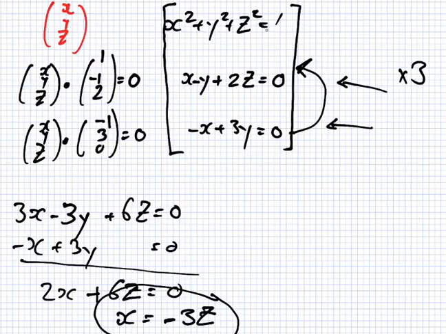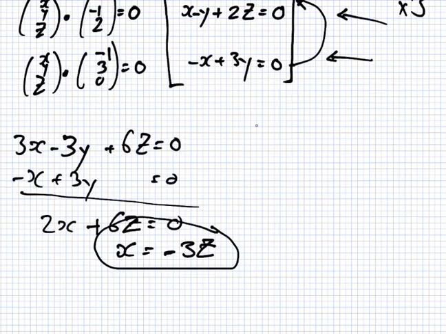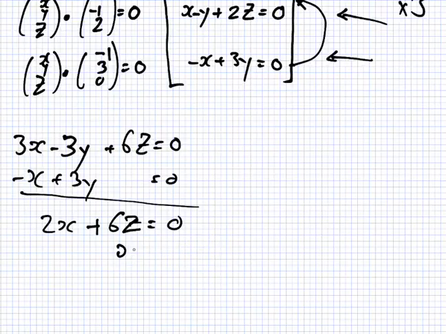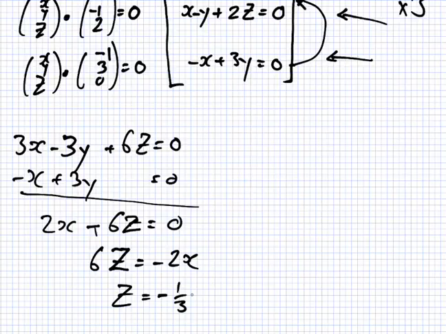Yeah, well, I'll put this into the first one, and then I need, here I can get y in terms of x. Actually, you know what? I think I'm going to rewrite this just as, instead of getting x, getting z. So 6z equals minus 2x. Z equals minus 1/3 x.